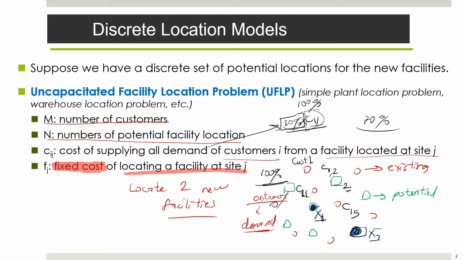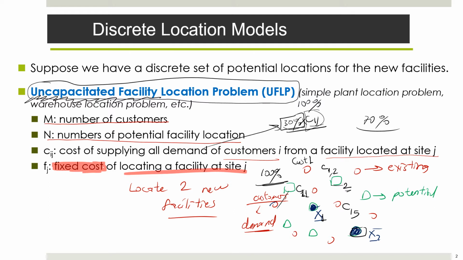Now, what we are going to do is learn how to formulate this problem. And this problem is called the uncapacitated facility location problem. Why is it called uncapacitated? Because we are assuming that these new facilities do not have any capacity.